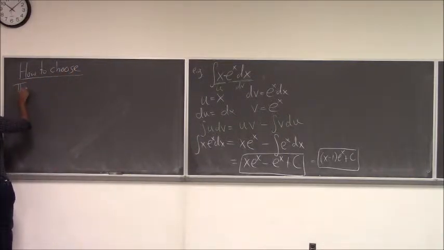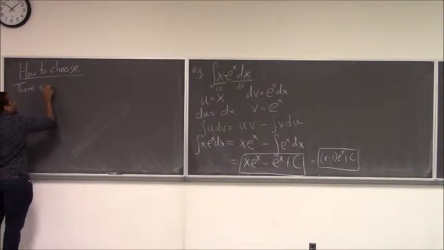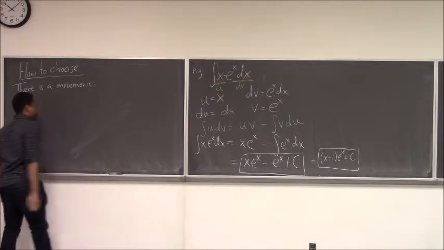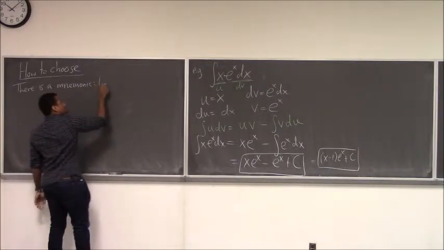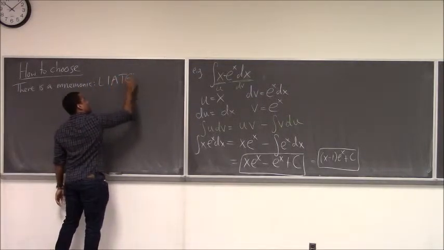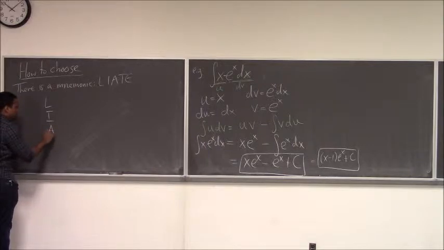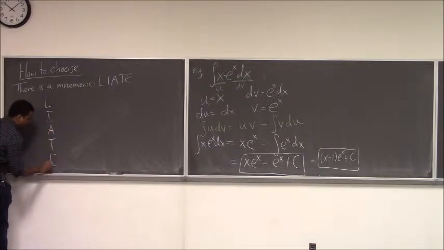There's a mnemonic, of course. It is called LIATE, because you can line things up. Usually you imagine it vertically.